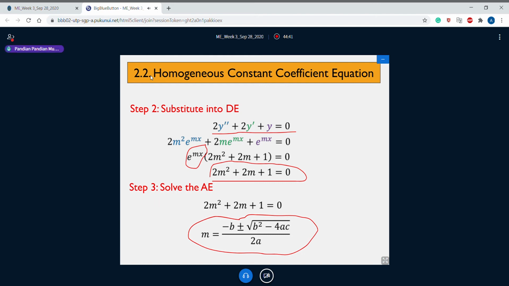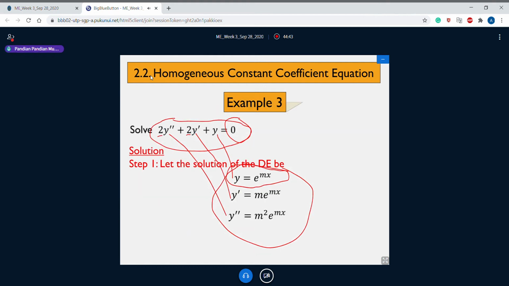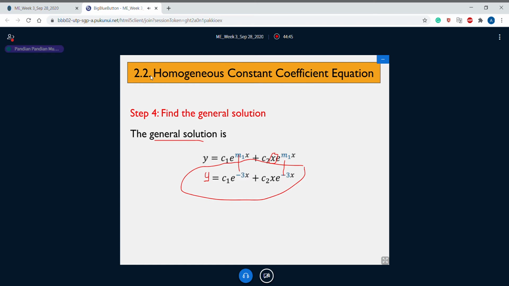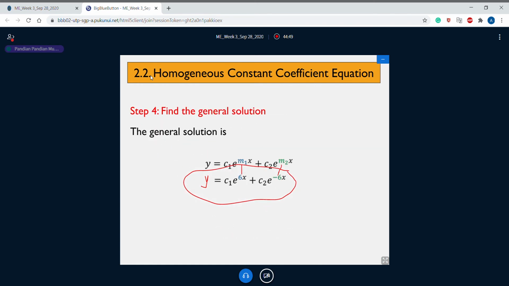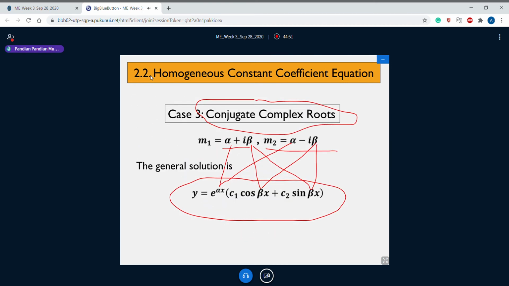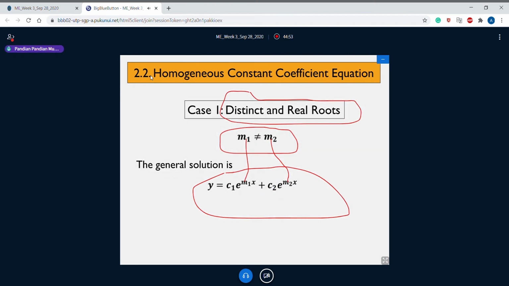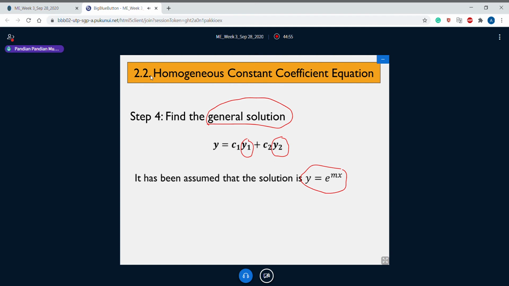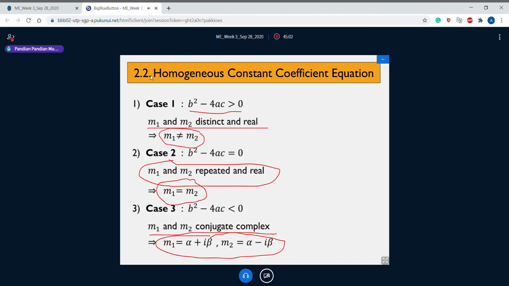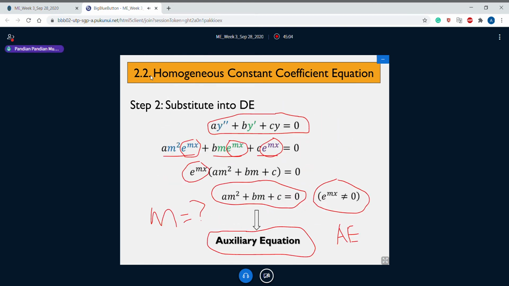You must remember the homogeneous constant coefficient is because you are only considering the auxiliary equations. So that's why it is not a difficult problem.